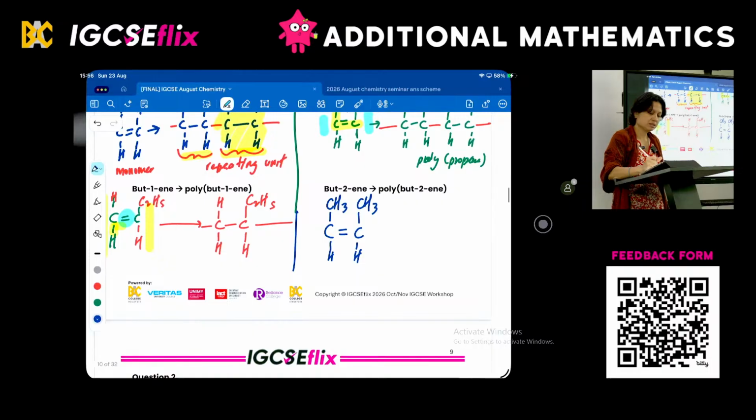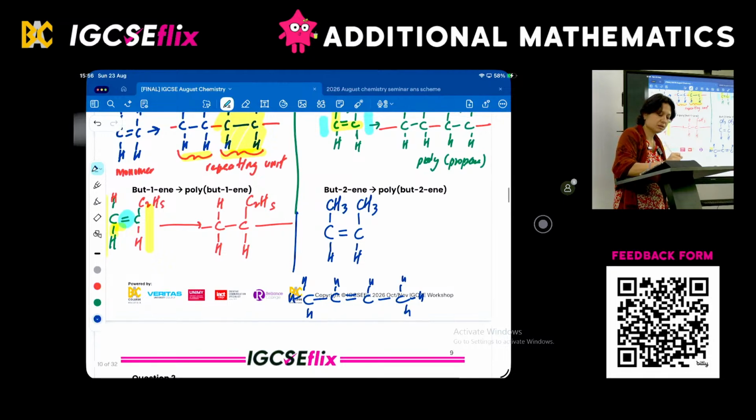Do you understand? If I put this down, it will be like this. But-2-ene. So I'm just moving this thing and this thing down or up so that my sides are empty. Can you see or not?